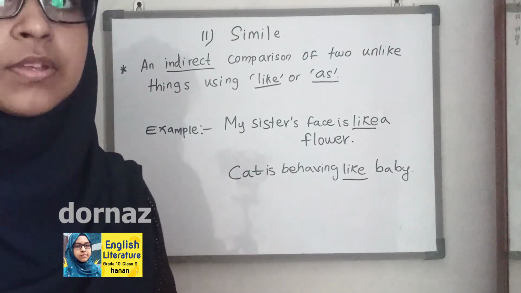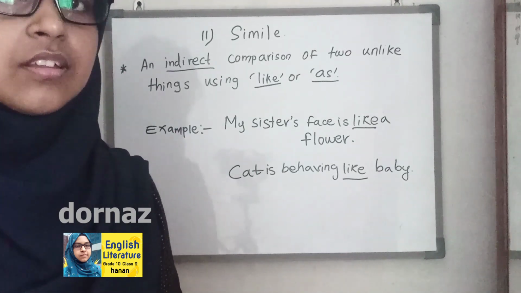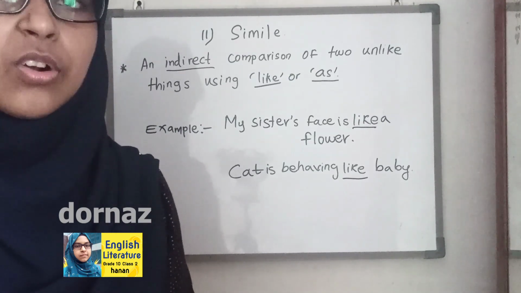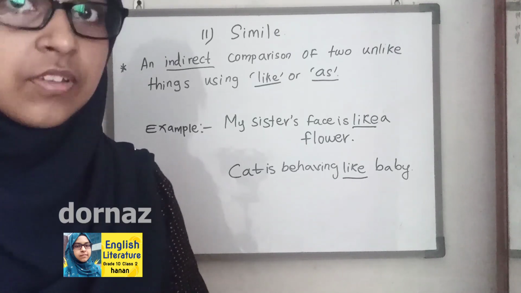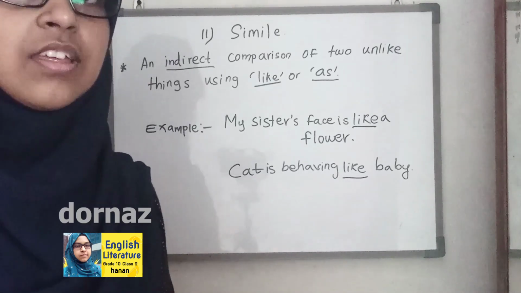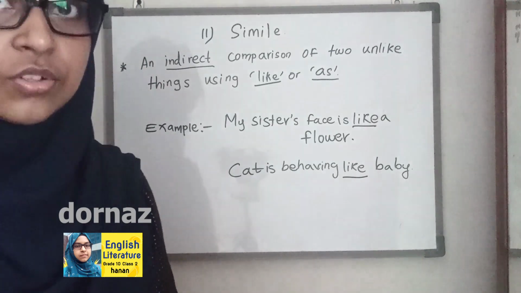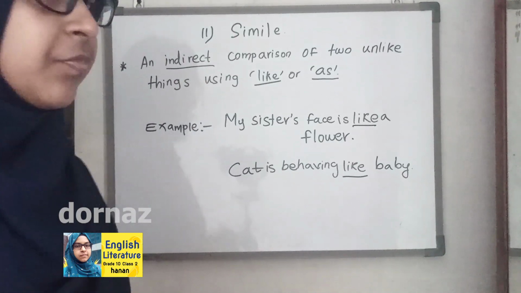In euphemism, it is also an indirect way of telling that something has happened, but instead of telling the real thing that happened, we tell that in another way, but it will be the same. It matches with the real incident. So that is called euphemism.